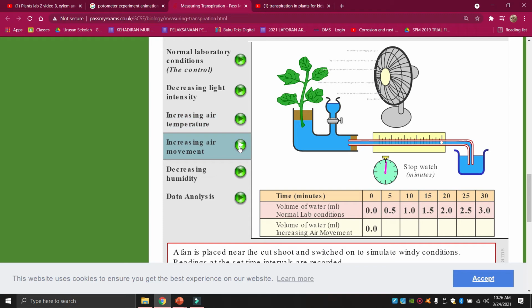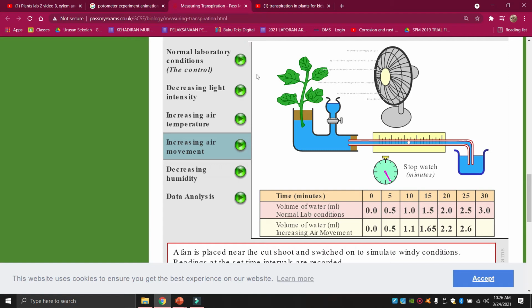And then the next one, what will happen when we increase the air movement? So I put the fan near the plants. So what will happen? You can see the volume of water is higher. The air movement is higher here because there is a fan, so the air near the plants will be moving.